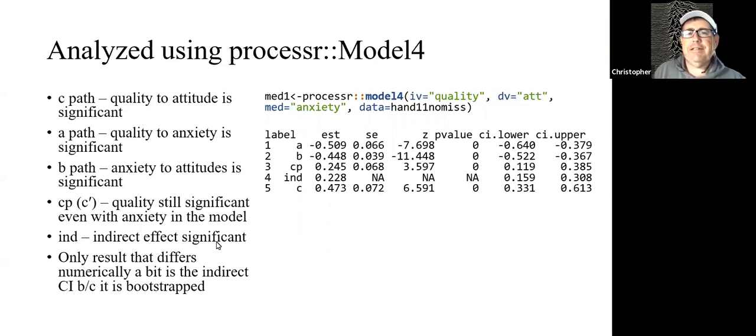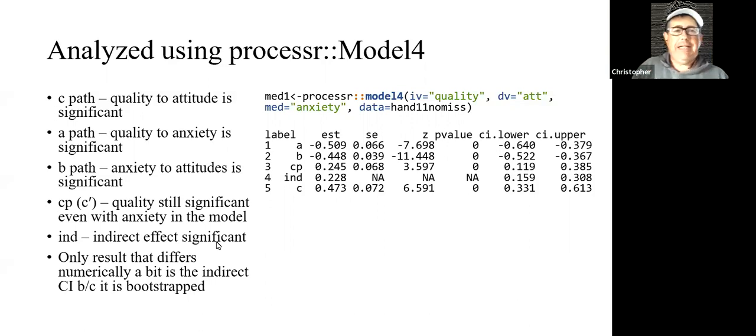The command here in process R is simply model 4, and that corresponds to models that are part of Andrew Hayes's book on mediation and moderation. You can see we feed it the IV, the DV, the mediator, and the name of the data file. Pretty straightforward there. IV is X, DV is Y, mediator is M in the models that we've seen.